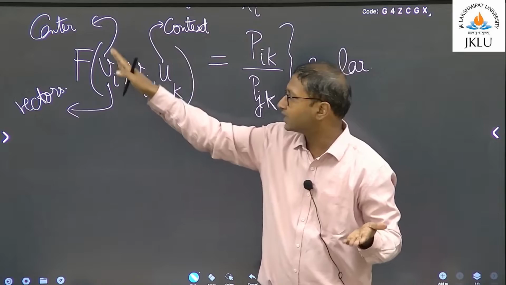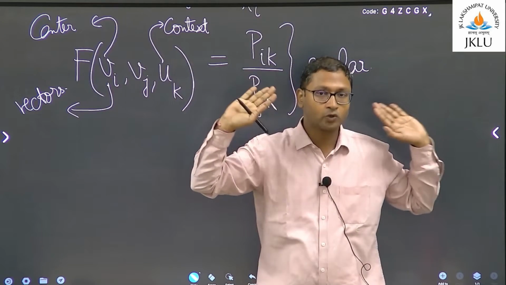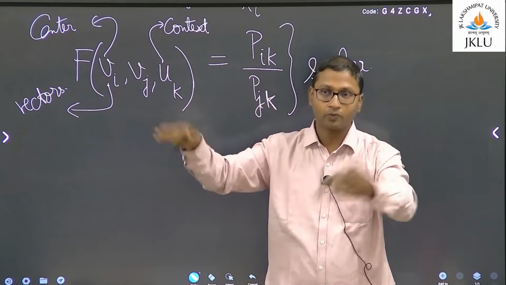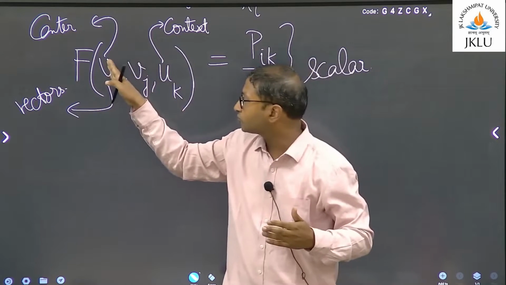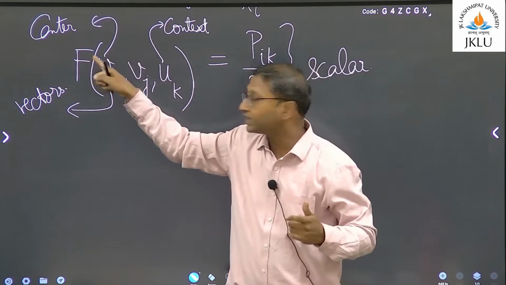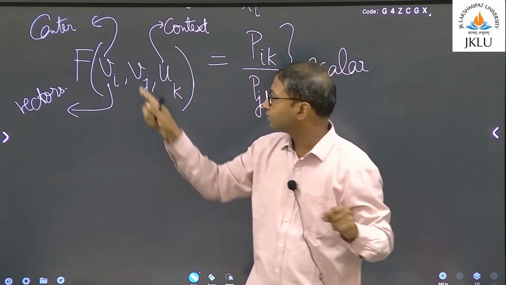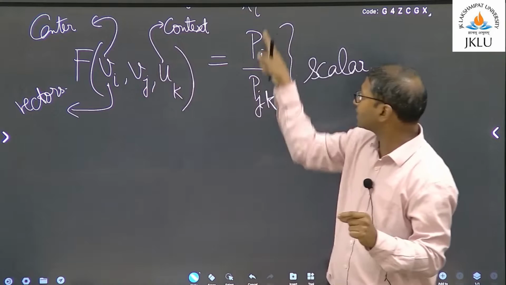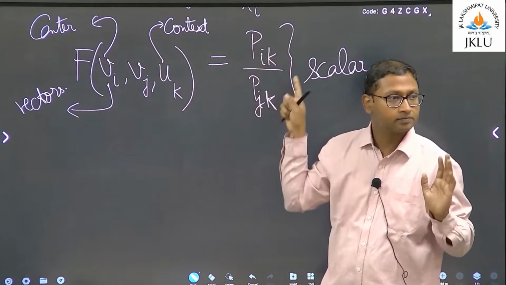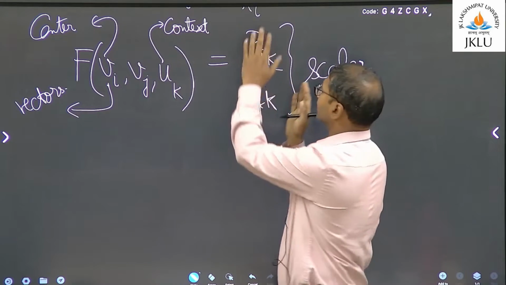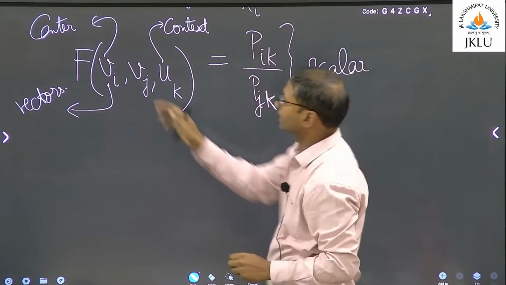So I want to have a function. Which function? I don't know it yet. I am going to talk about the possibilities of functions, but this function is a function of Vi, Vj, Uk, these are the only three things here.